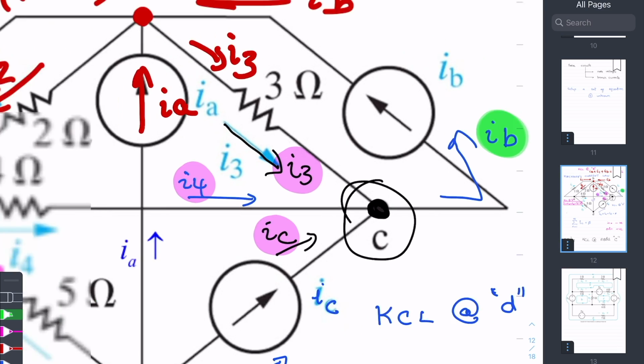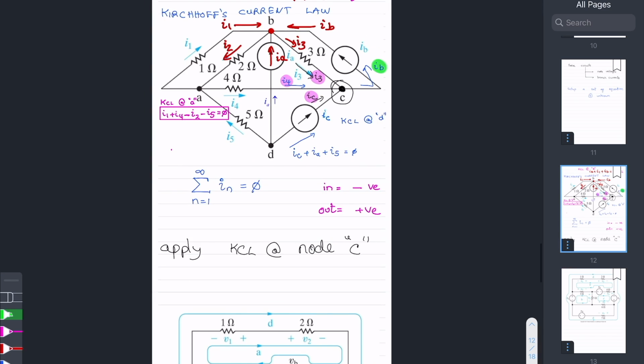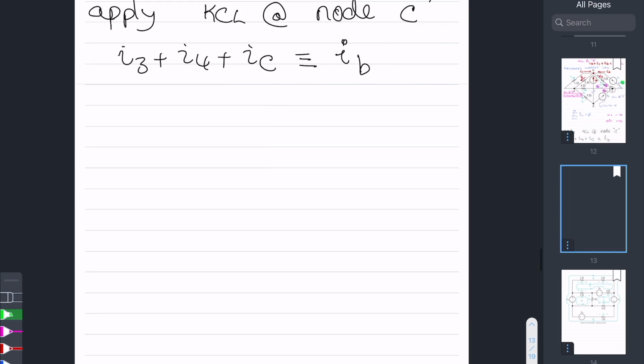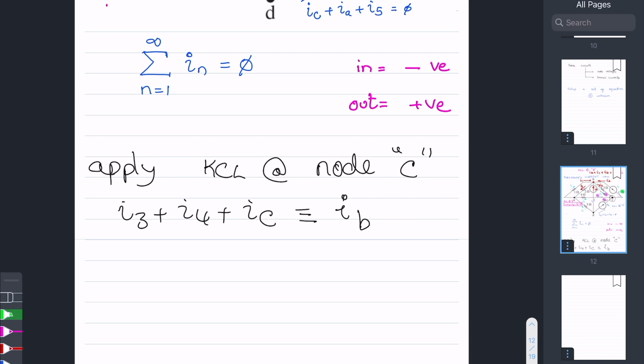I3 plus I4 plus IC equals the sum of the currents that are leaving, which is IB. That's the idea of KCL, Kirchhoff's current law.